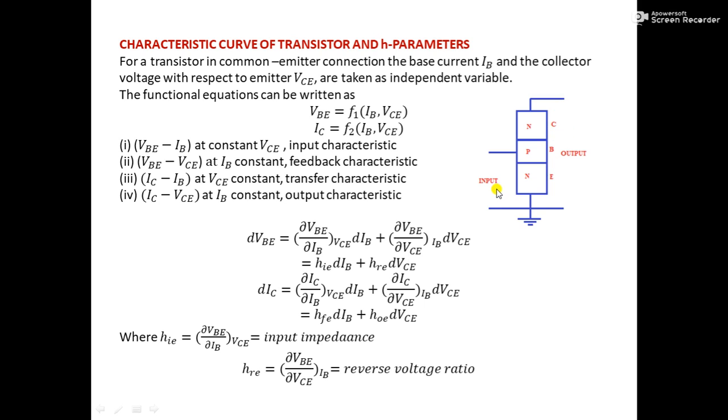For a particular value of VBE, if we increase the value of VCE, the reverse bias voltage, the depletion region increases, which means the effective width of the base decreases. Thus the probability of recombination of injected carriers in the base reduces, which reduces the base current, which is basically due to the recombination in the base region.